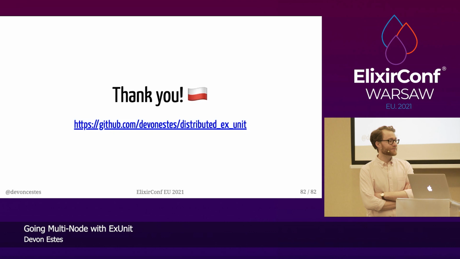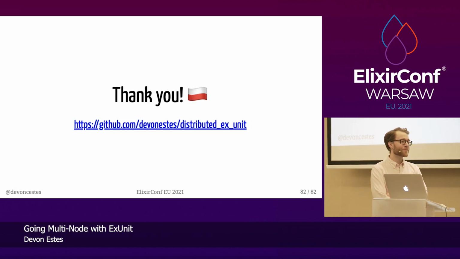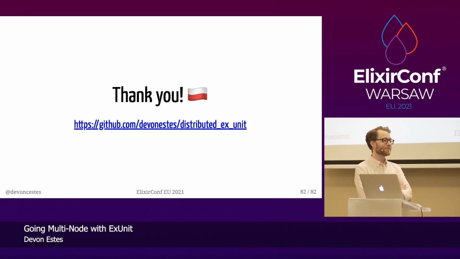OK, the last one. Hey, thank you for your talk. I'm not sure if I understood correctly, but the compiling was done on each node separately, right? It was not like the primary node compiled it and then you distributed the compiled version between the nodes. It was like each node did it on its own.